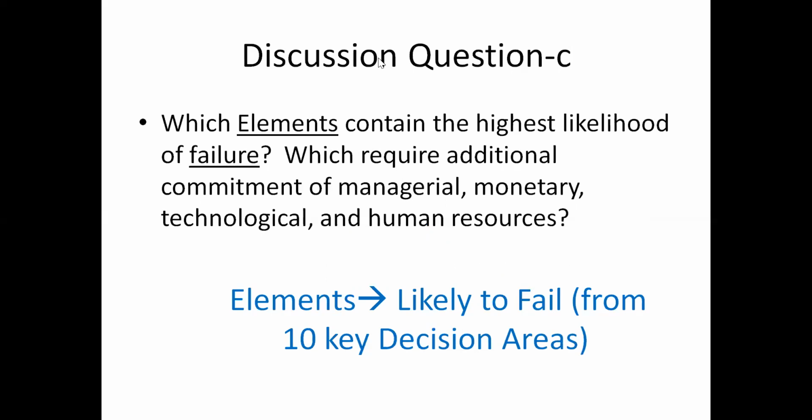So here we talk about identifying the likelihood of accidents occurring. If you notice, it circles back into the 10 key decision areas, which was considered as a starting point for our critical success factors.